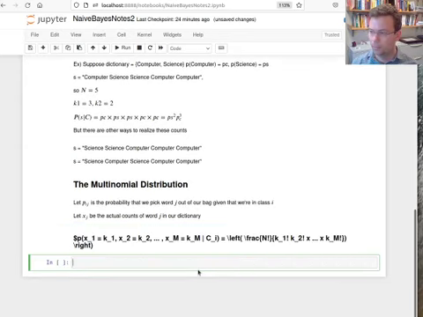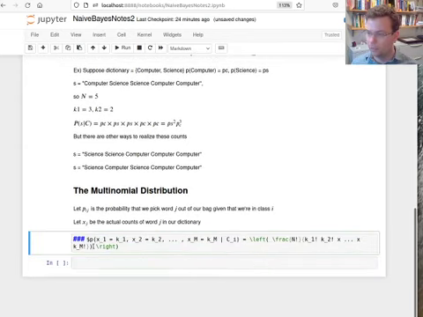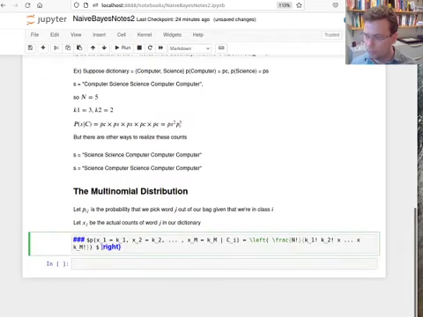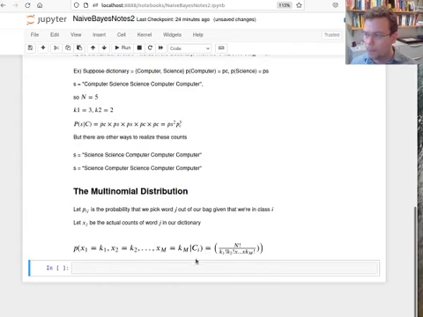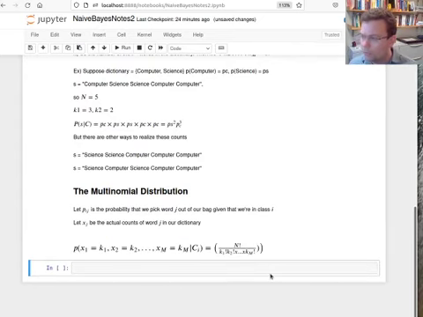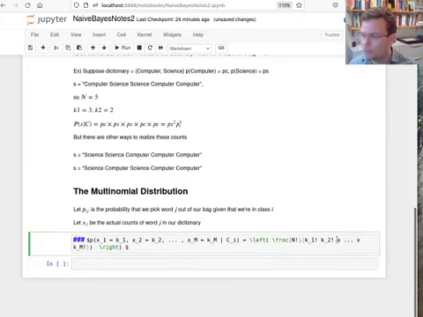Okay. So let's just look at what that looks like. So we have this factor here, n factorial over k1 factorial times k2 factorial up to km factorial.